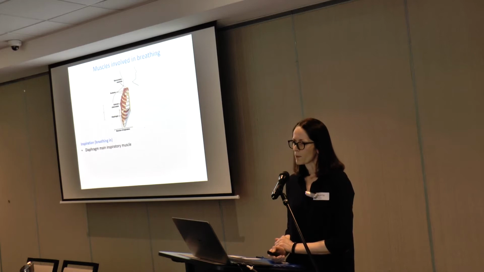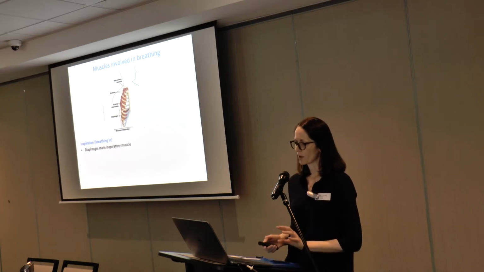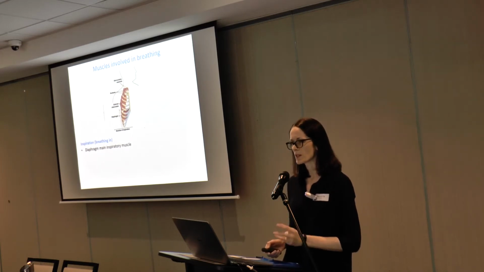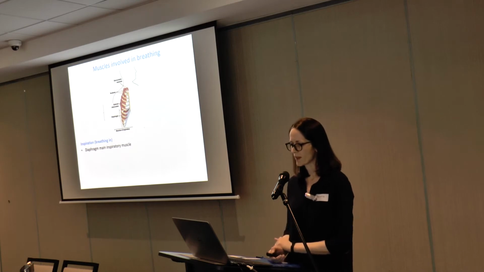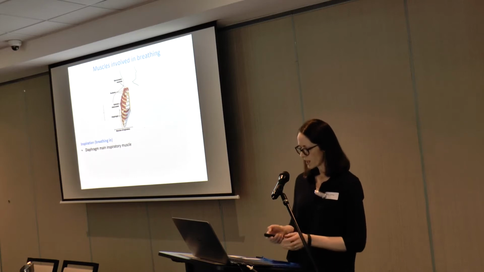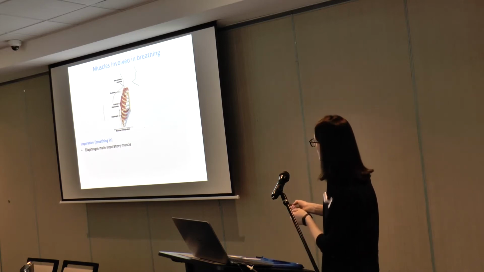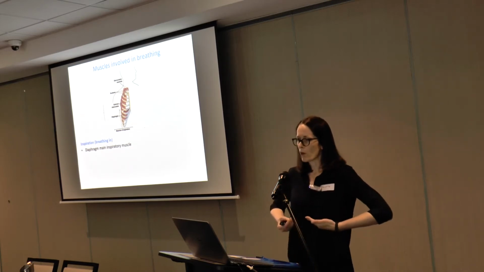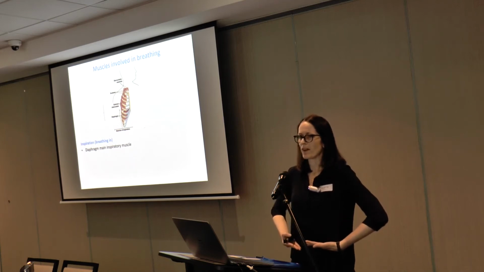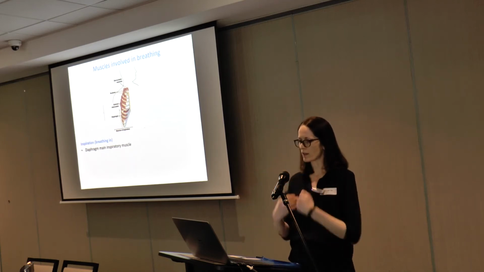The muscles involved in breathing can be divided into two main groups. So firstly, the inspiratory muscles that help us to breathe in. The most important muscle here is the diaphragm. So this is a dome-shaped muscle, you can see just here. And the way that it works, when it contracts, it moves down, and that helps to draw air into the lungs.